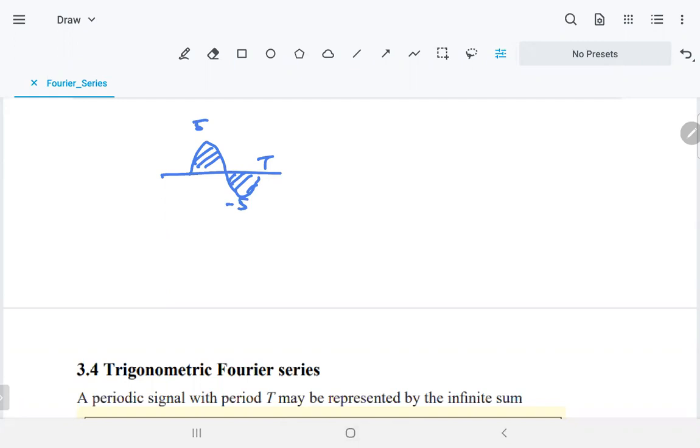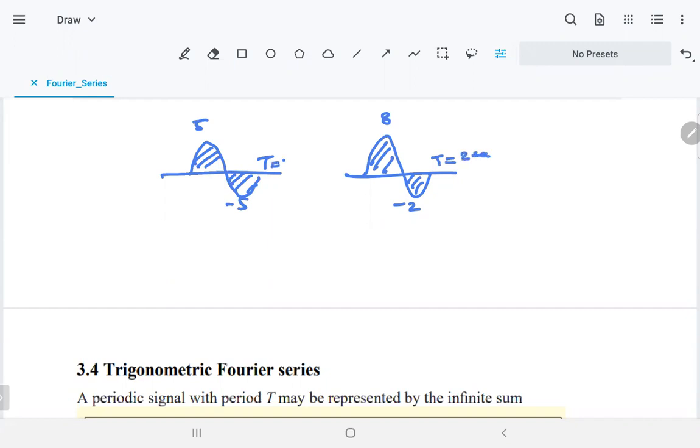But what about something like this? A pure sine wave, but with maximum 8 and minimum negative 2. Now there's an average. How do you find it? You find the positive area and the negative area, subtract, and divide by the period T. Let's say the period is 2 seconds.